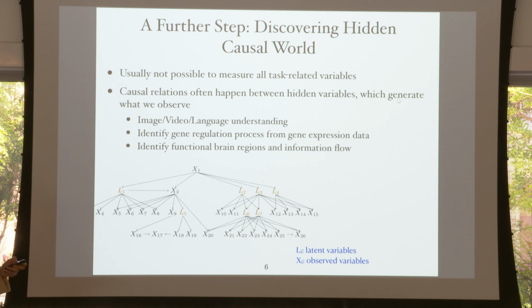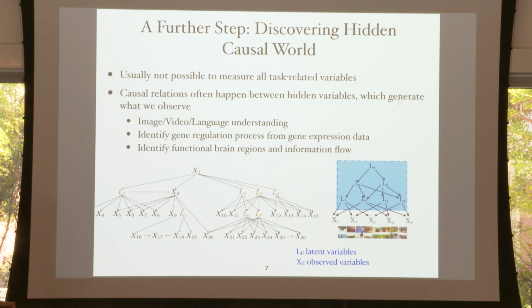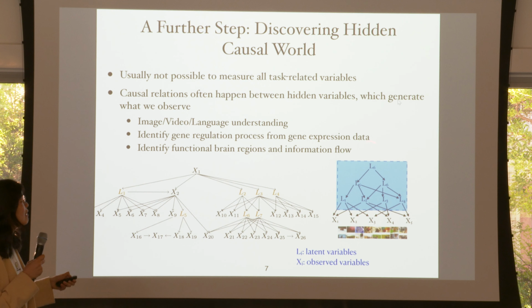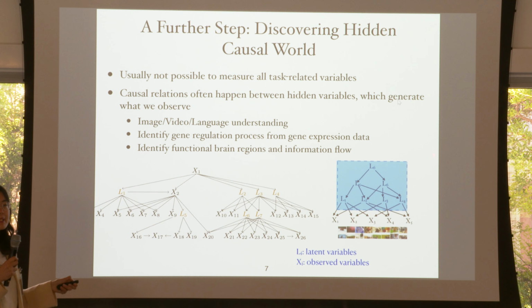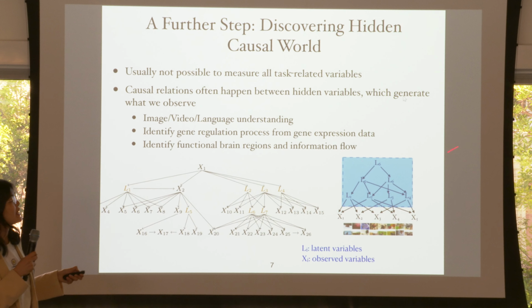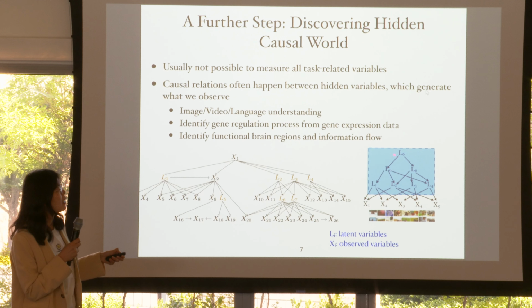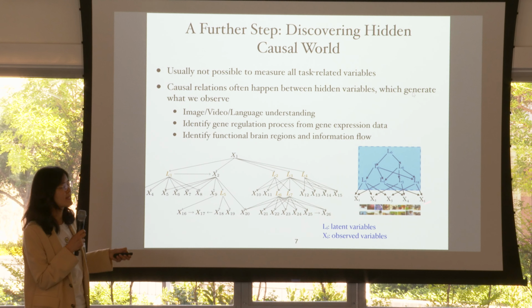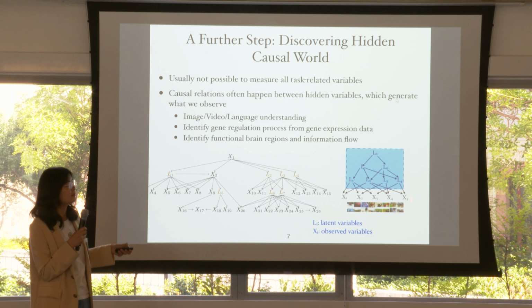And furthermore, when the observed variables are images, text, or language, we would like to learn the underlying causal factors or concepts, which may hierarchically generate the observed image pixels.